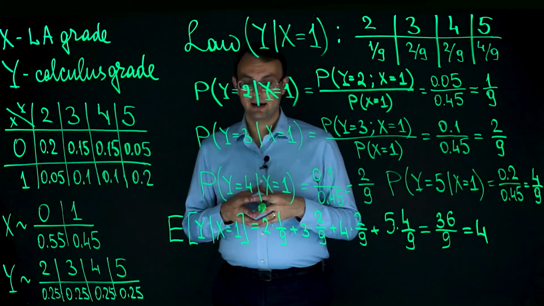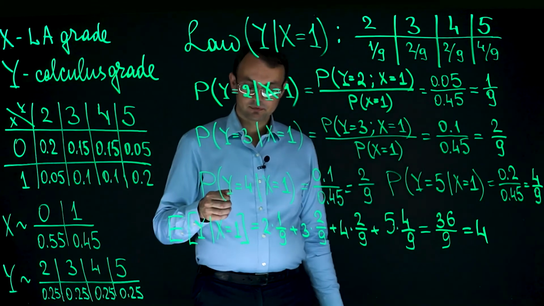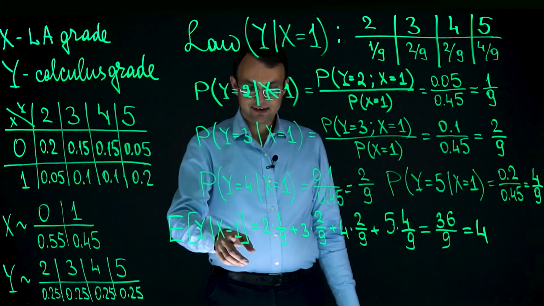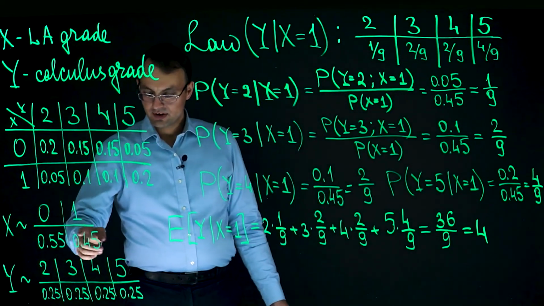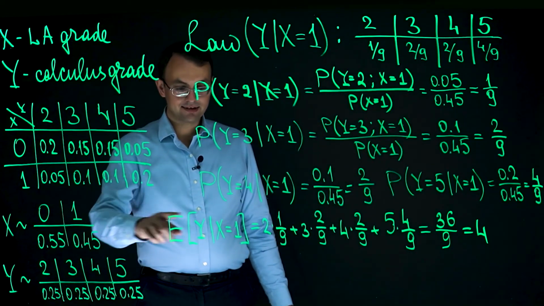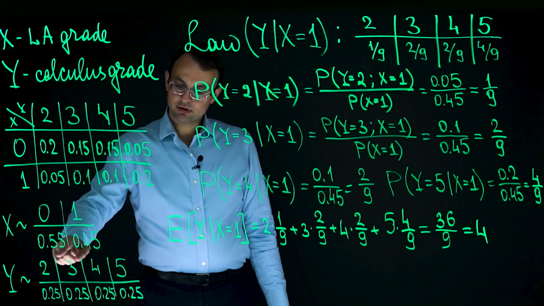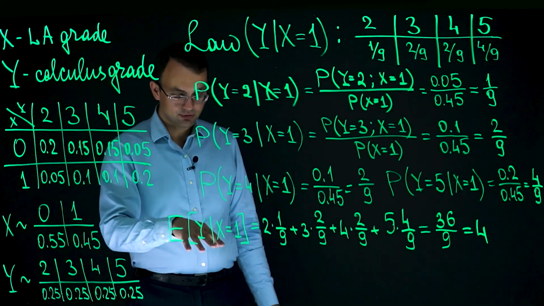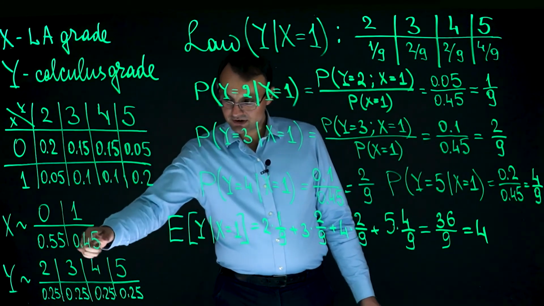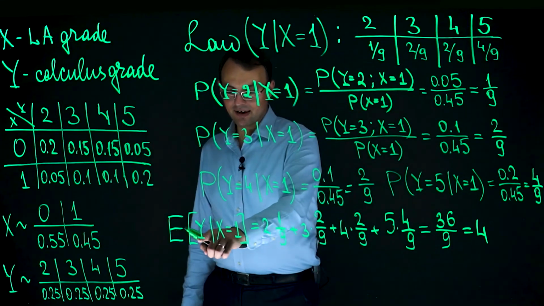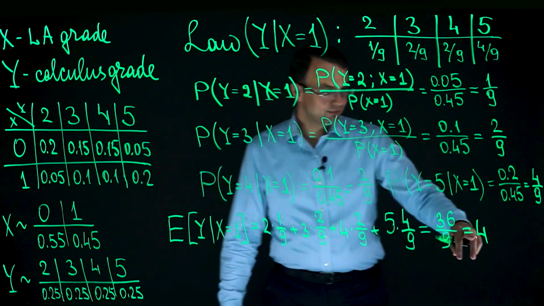So we can say that x is either 1 or 0. With probability 0.45, x is 1. And with probability 0.55, x is 0. So when x is 1, with probability 0.45, the expected value of y given x is 4.